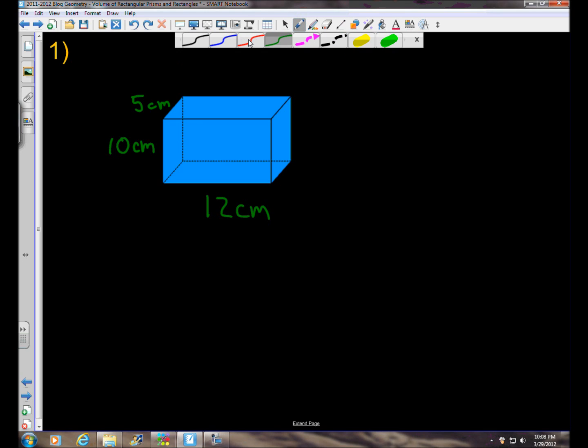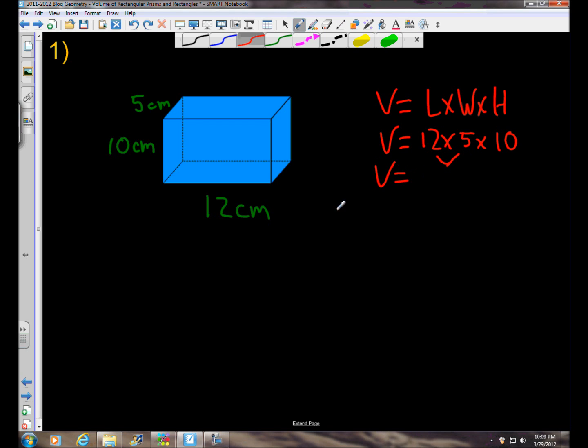Our volume formula. Volume equals length times width times height. If you got that, good for you. Volume equals length. We'll take our 12 as our length, times our width of 5, times our height of 10 centimeters. And we'll multiply this out. 12 times 5.